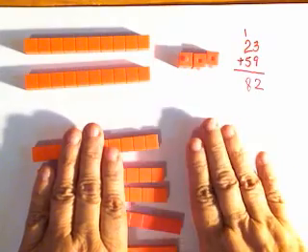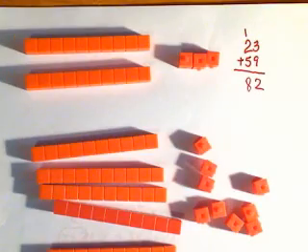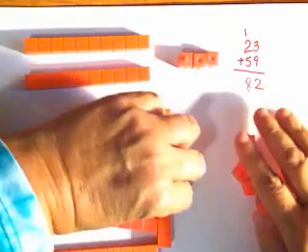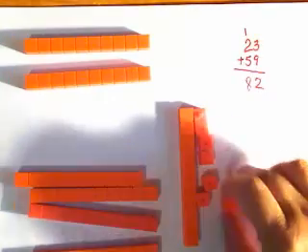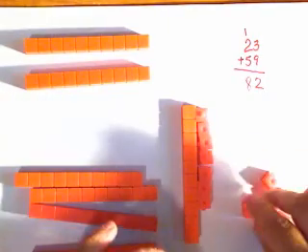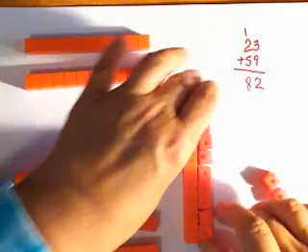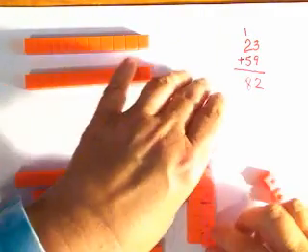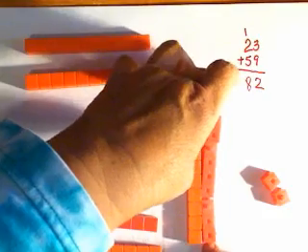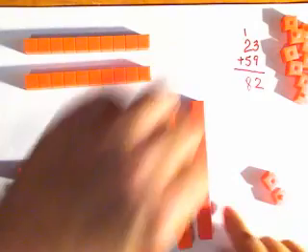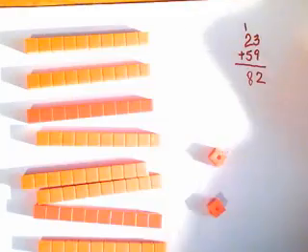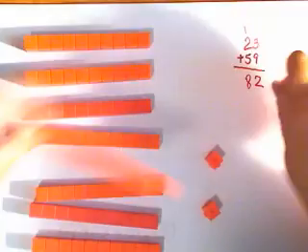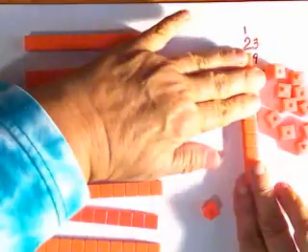So think about that as a trading concept. Then we end up with 1, 2, 3, 4, 5, 6, 7, 8 longs, which represents 80, or 8 rows of 10, and 2 units left, which gives me 80 plus 2, which is 82. So that is an algorithm for addition.